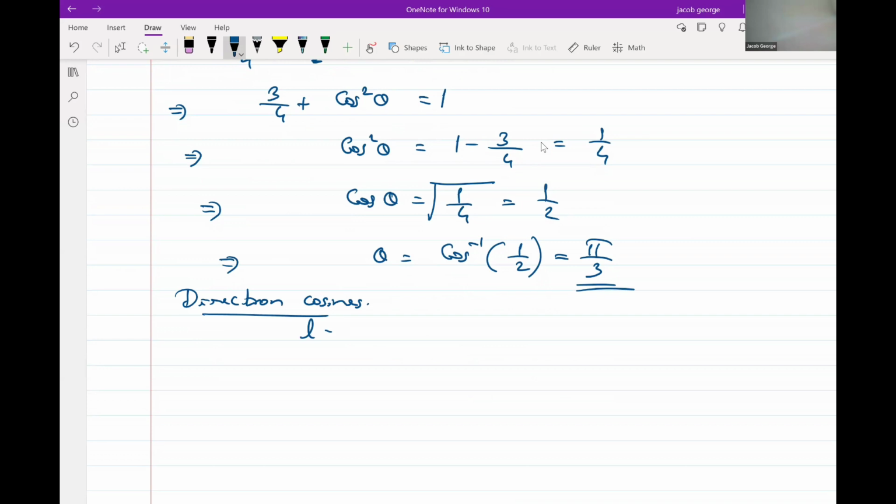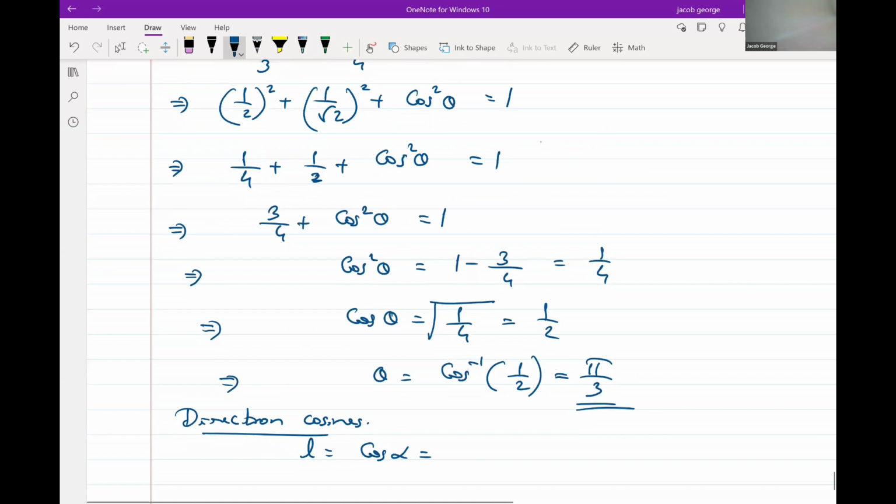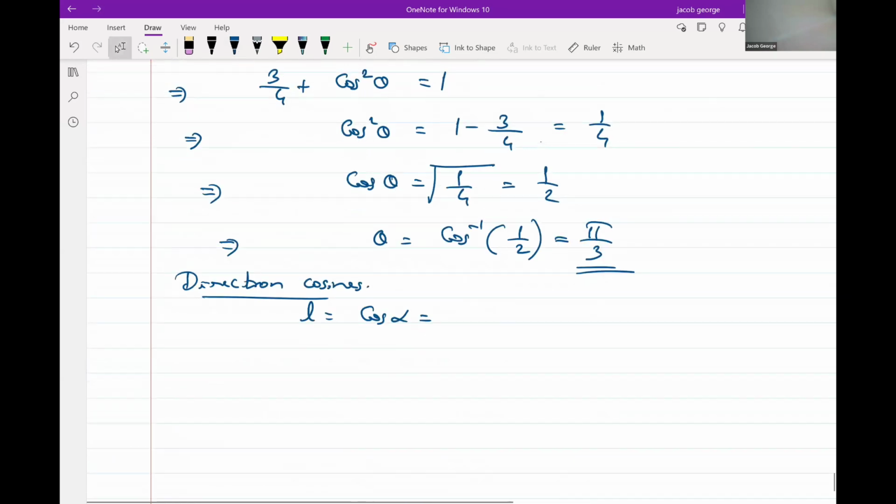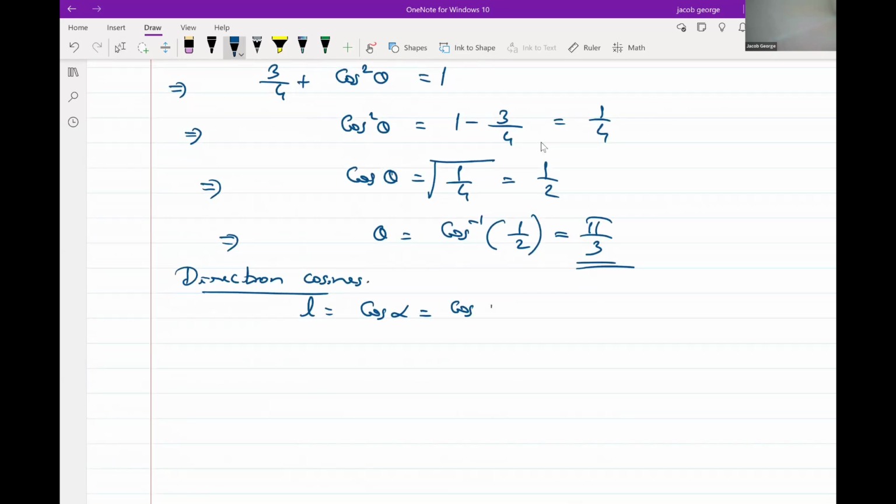L is equal to cos alpha, that is equal to cos pi by 3. And what is cos pi by 3? Cos 60. Cos 60 is 1 by 2. M is equal to cos beta, which is cos pi by 4. Cos pi by 4 is 1 by root 2.